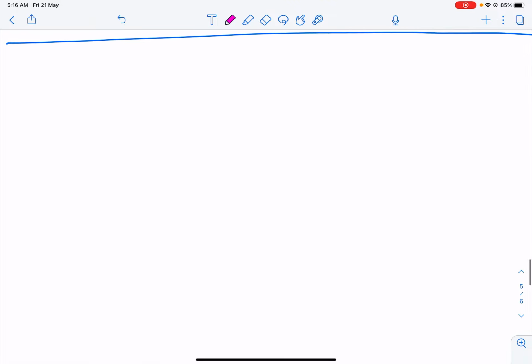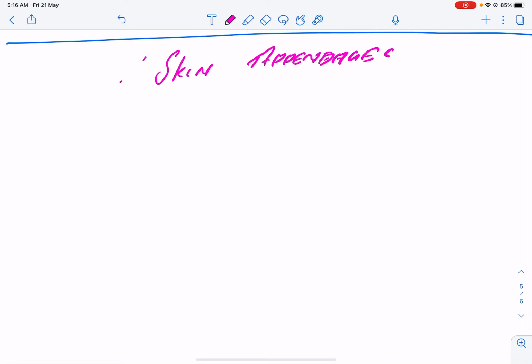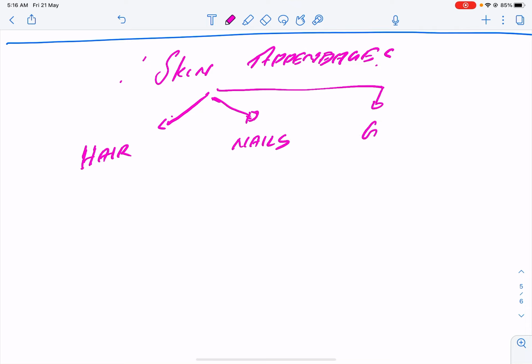Next, let's talk about the next topic in dermatology: skin appendages. As you know, we have three main skin appendages: our hair, then our nails, as well as our glands. So hair, nails and glands are the main skin appendages.